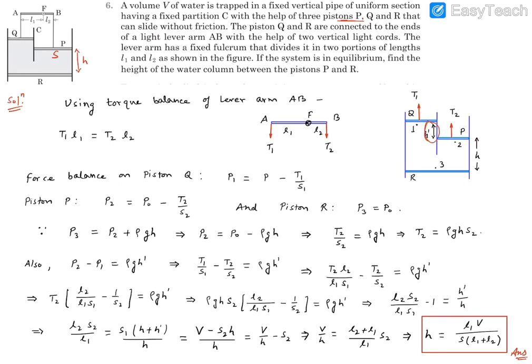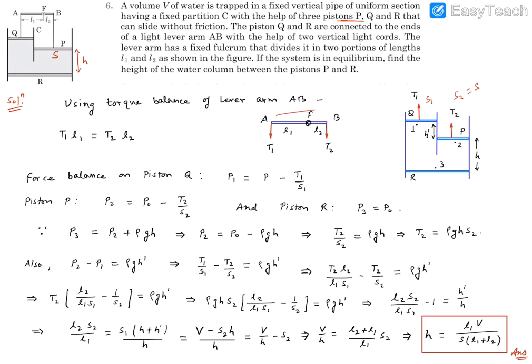Let's consider the gap between the P and Q pistons is H prime. There is a tension on this string, let's say T1, and on the other string T2, and this is R. Let's consider the cross section of piston Q is S1, and the cross section of piston P is S2. For us, S2 is given as S, so finally we will replace S2 by S in our final expression.